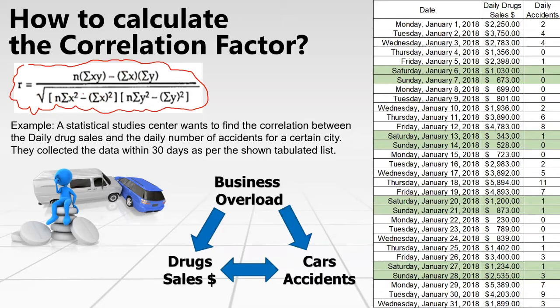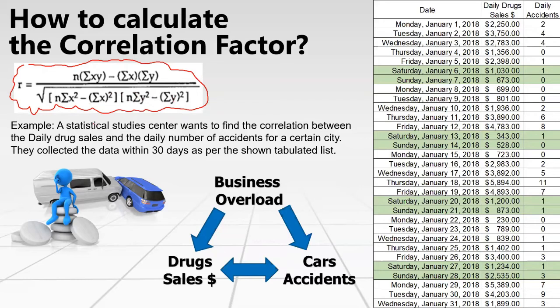Later on, I will draw your attention to the difference between the two parameters. Then multiply the sample size by the sum of the dependent variable squared, minus the square of the sum of the dependent variable.